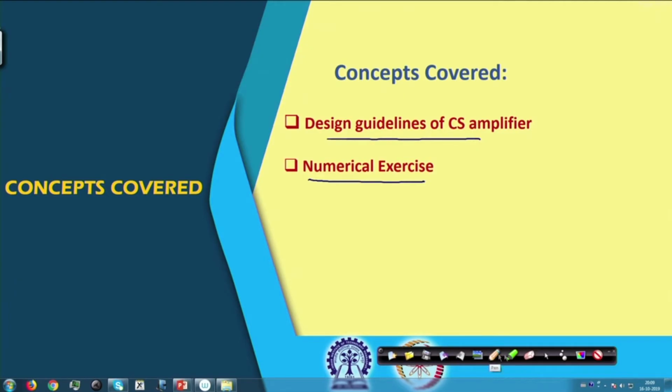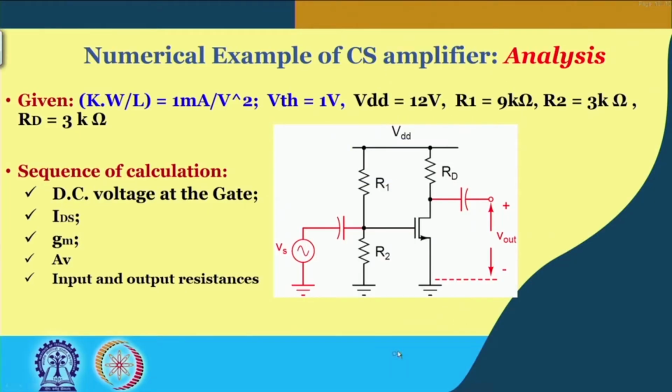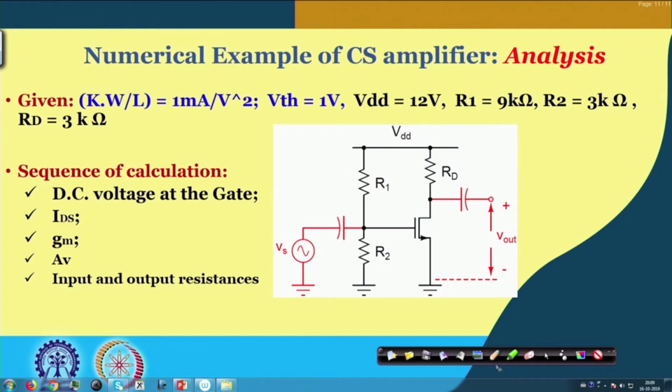Now, so far what we have covered is the analysis. Suppose we have this common source amplifier, and the device parameters are given to us, namely K into W by L, the threshold voltage of the transistor, and also the supply voltage.